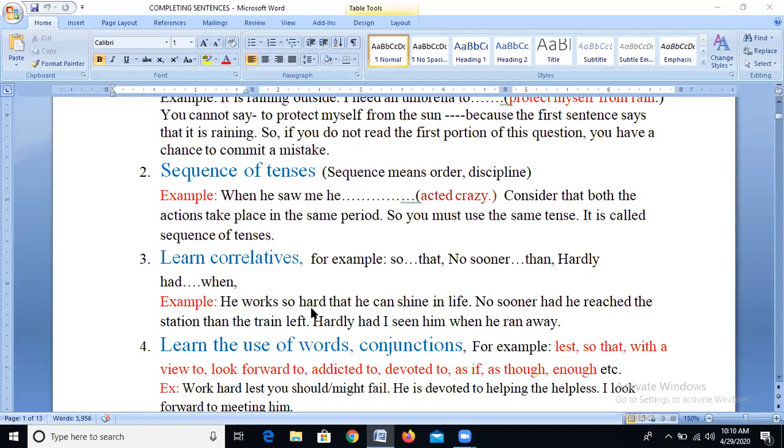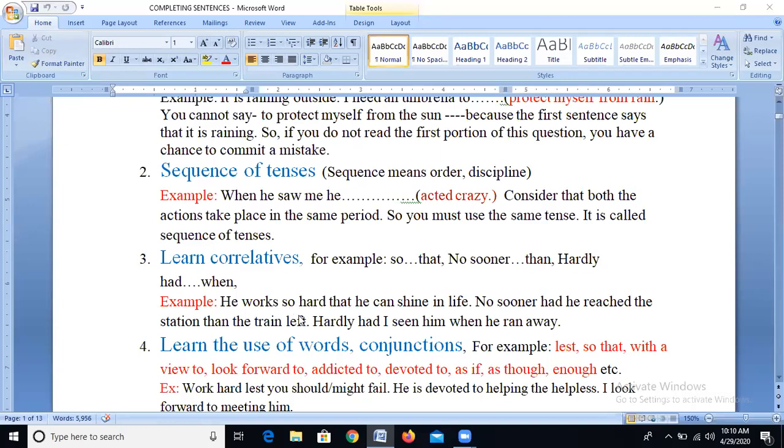Suppose he worked so hard that he can shine in light. So hard. So is doing the function of adverb here. It is qualifying hard. So when you use so hard, then you have to connect the other clause with this very clause with that.